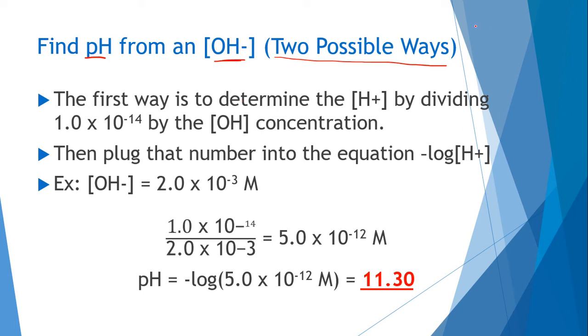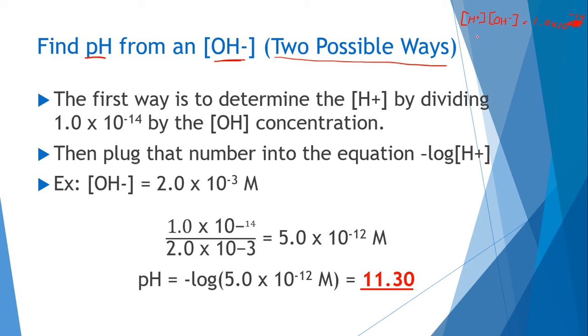So I'm going to go ahead and write the equations over on the right-hand side. The first equation that you need to remember is your H plus times your OH equals 1.0 times 10 to the negative 14th.